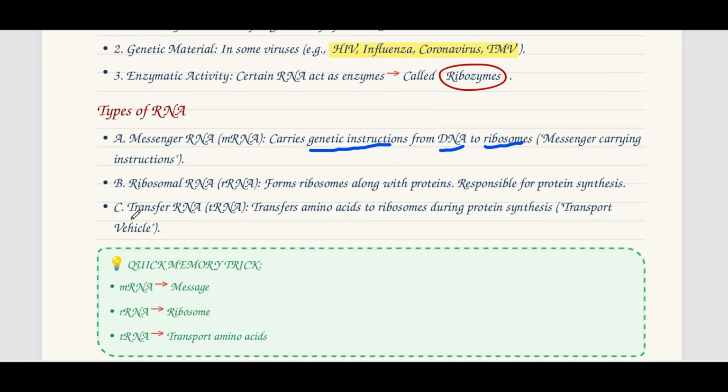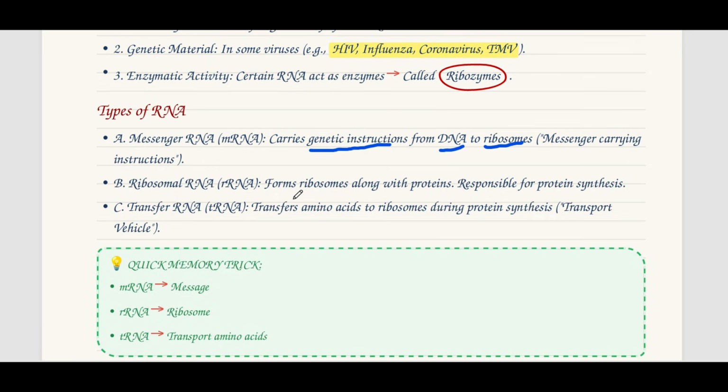Before the conclusion, I want to share what transfer RNA is. It transfers amino acids to ribosomes during protein synthesis, like a transport vehicle.